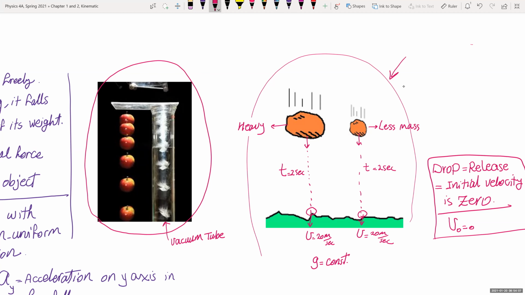But the apple is like 400 grams, correct? Almost, let's say, a big apple is like 1 pound mass. When we drop these two at the same time, they reach the end of the tube, or the planet surface, at the same time. That means G for the feather is 9.8. G for the apple is also 9.8 meters per second squared.